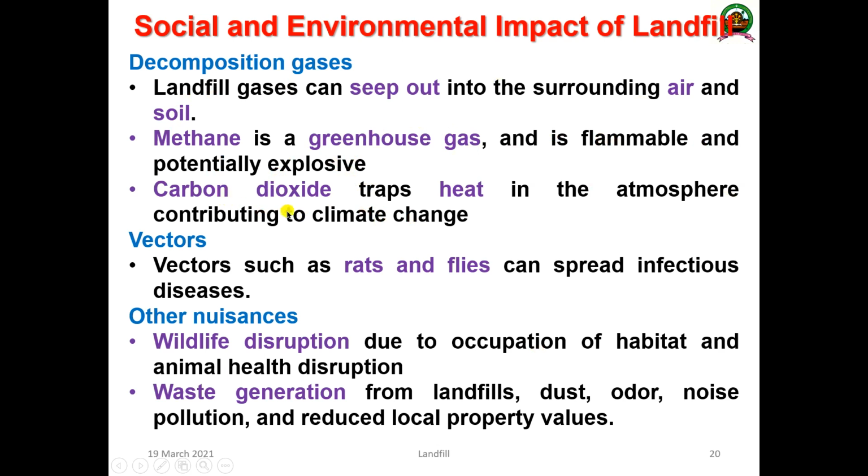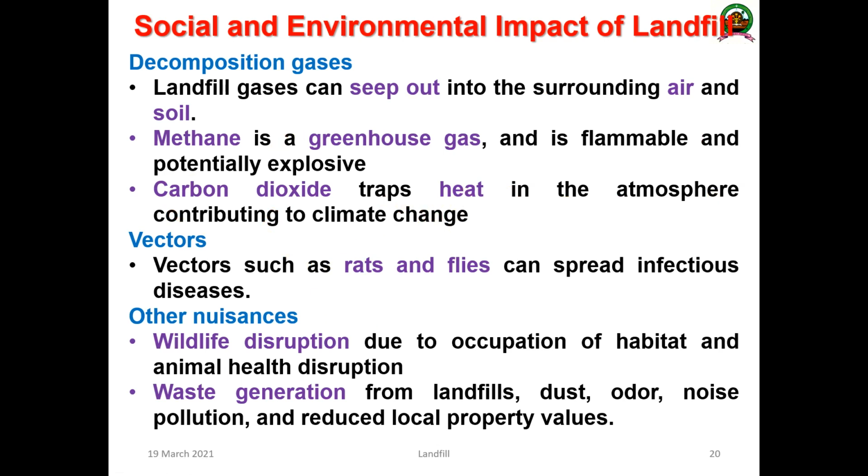You know that the increasing concentration of carbon dioxide creates global warming; the temperature of the atmosphere will be enhanced, and that will create a lot of issues in the ozone layer. This carbon dioxide traps heat in the atmosphere and contributes to climate change, especially global warming. And this can act as vectors.